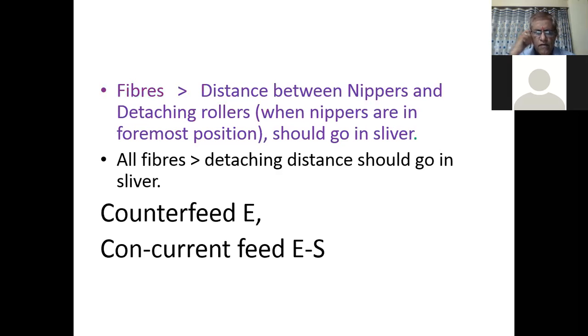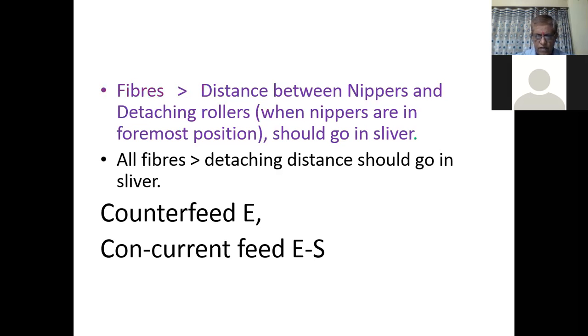Similarly, fibers greater than the distance between the nippers and the detaching rollers when the nippers are in the foremost position should go to sliver. In other words, all fibers greater than the detaching distance should go in sliver. Again, the conditions are different in counter feed and concurrent feed.